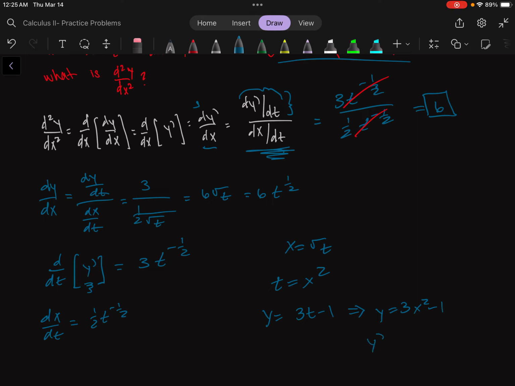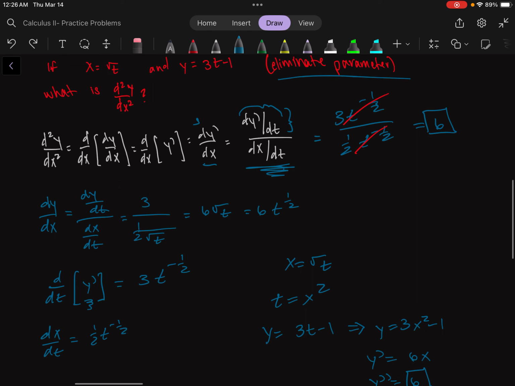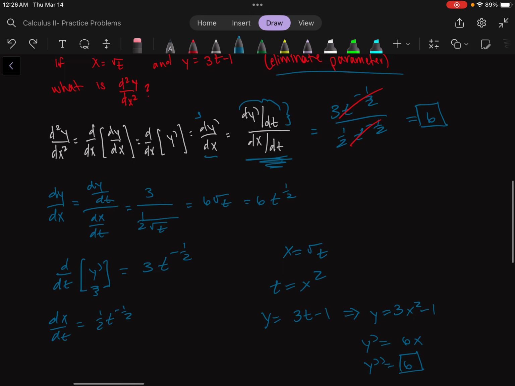So let's find y prime. Y prime is 6x, and y double prime is 6. So we get the same answer. This one is a lot easier, right? Eliminating the parameter in this way is a lot easier. But we're not always able to do that, so we have to know how to manipulate these derivatives in order to get the right answer.